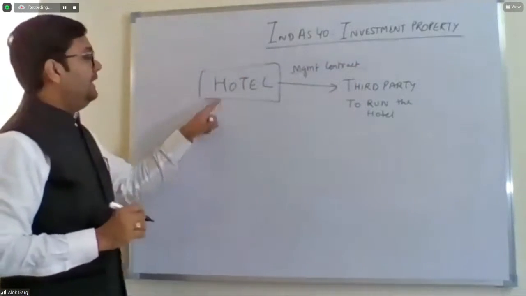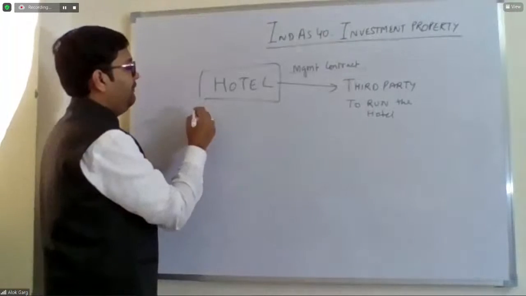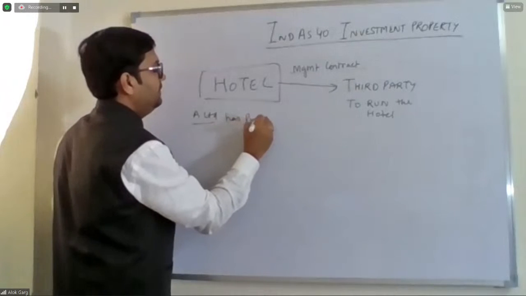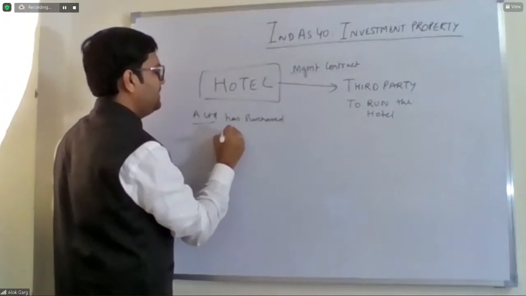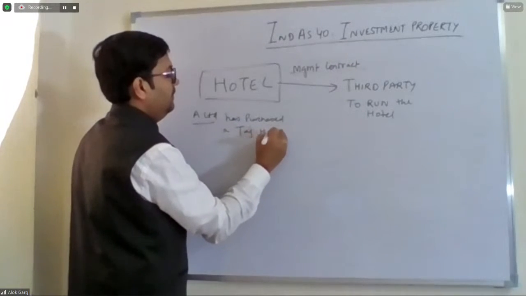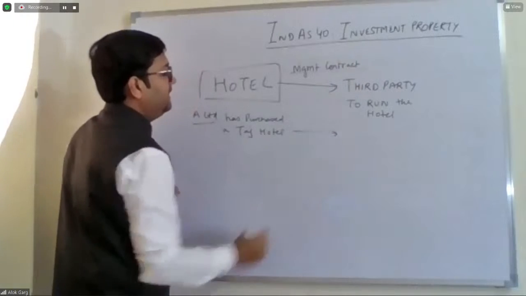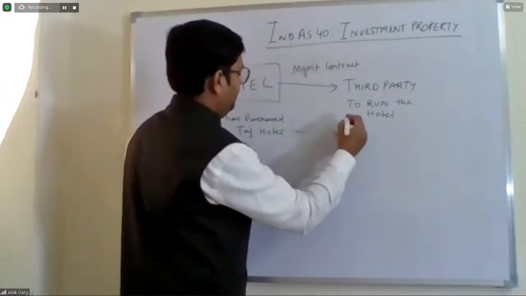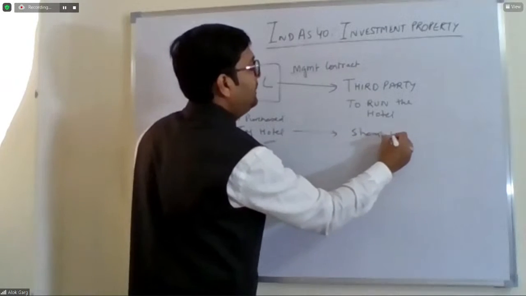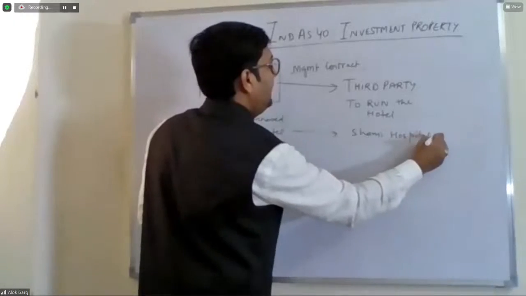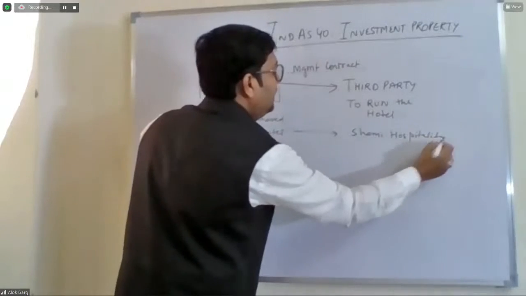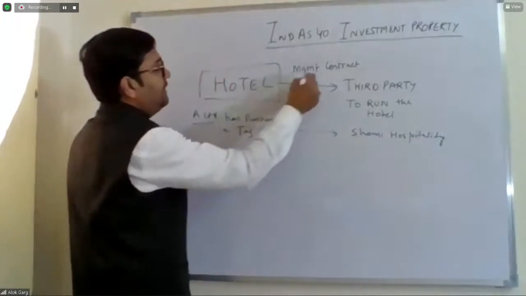So A Limited has purchased or constructed a hotel, let's say a Taj hotel, and it has given it to Shami Hospitality, which is a company, to run this hotel under a management contract.